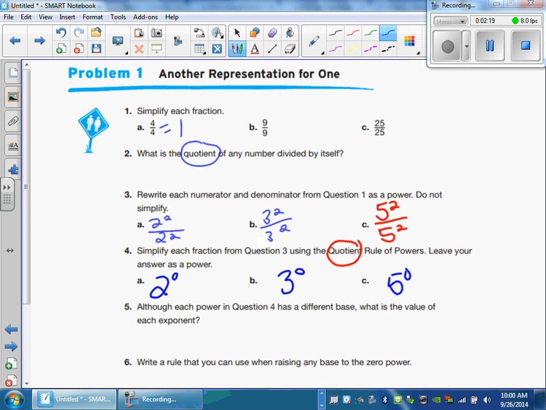Number 5 says, although each power in question 4 has a different base, what is the value of each of these exponents going to be? If you have 2 to the power of 0, your answer then should be 0. And same thing for B and C. Write a rule that you can use when raising any base to the power of 0.